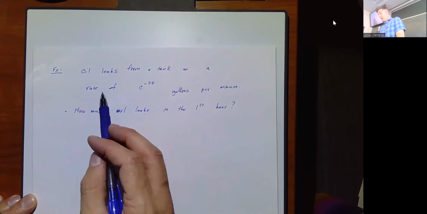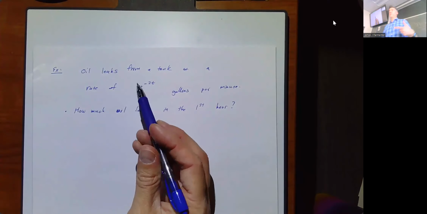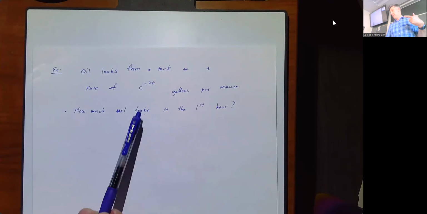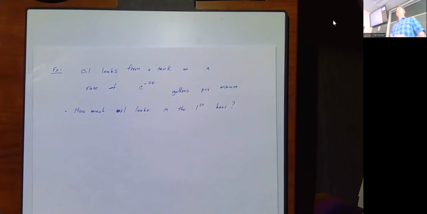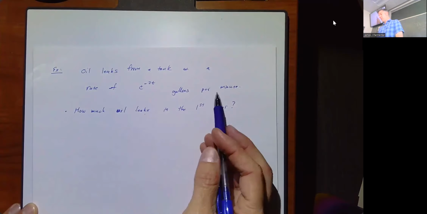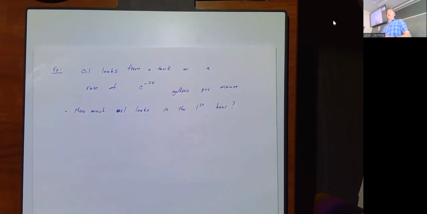So we're being told a rate of change, right? We're being told that oil is leaking at this many gallons per minute. And we're asking how much oil has leaked, meaning our end answer should be some number of gallons, right? Not gallons per minute, but just some volume of oil leakage. So typically, if you're given a rate of change and you're trying to find out just what the thing is, they're asking you to find an integral of this thing, right?